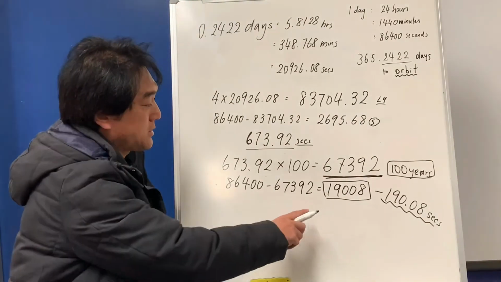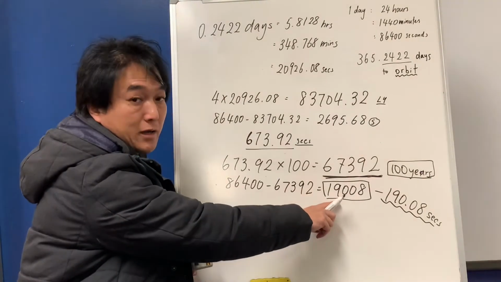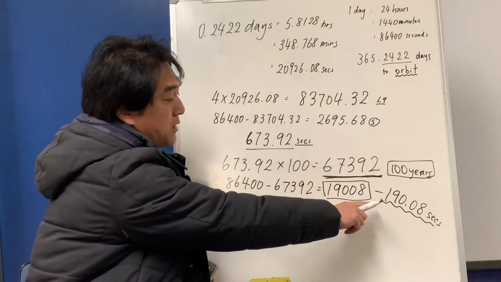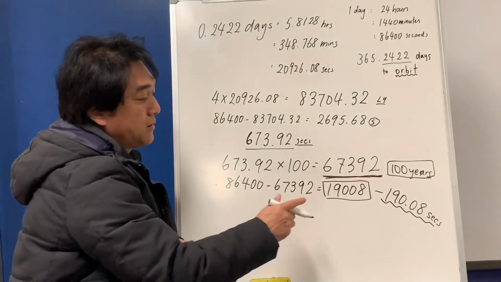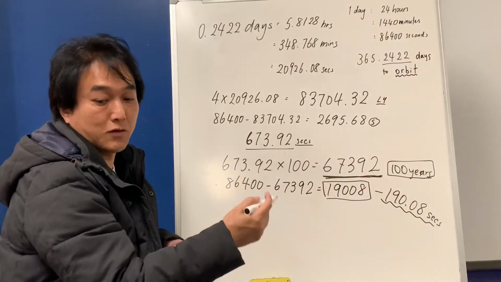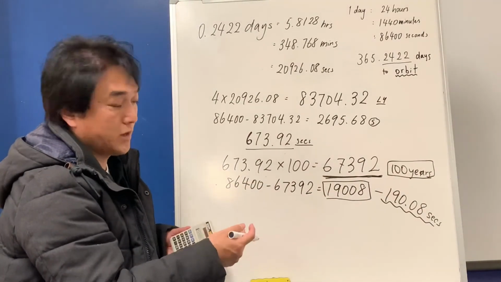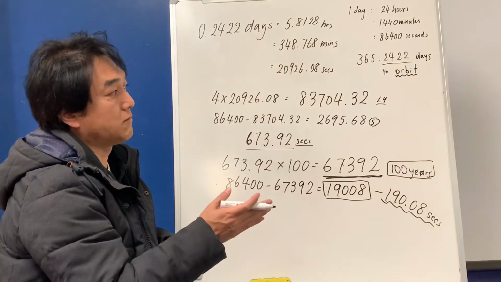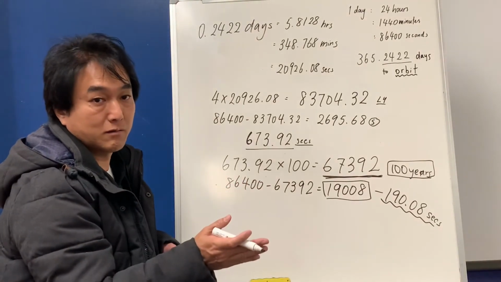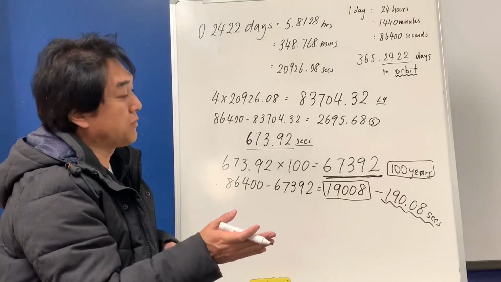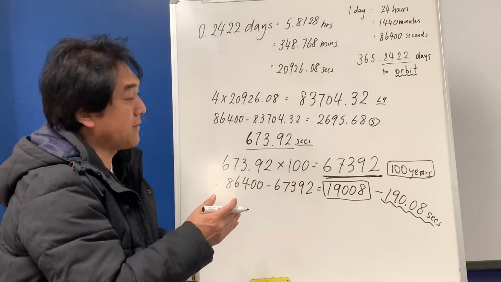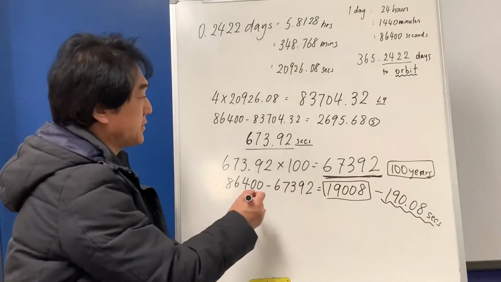So again, if we keep on doing this for about 454 years, we're going to be a day behind. So we need to reintroduce the leap year again, and that happens every 400 years.